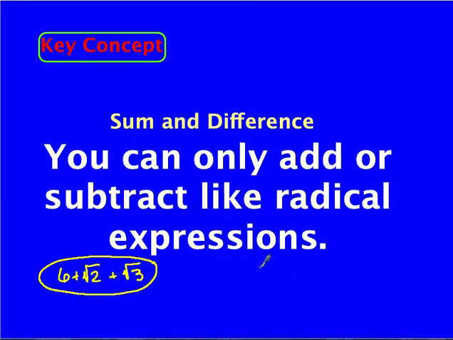Now, if I come over here and I have 5 square roots of 2 plus 7 square roots of 2 plus 9, now you can see that I have like radicals here. I have square roots of 2. So I go ahead and add their coefficients together.